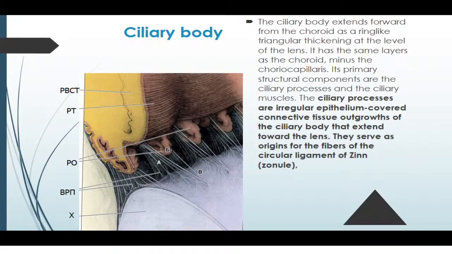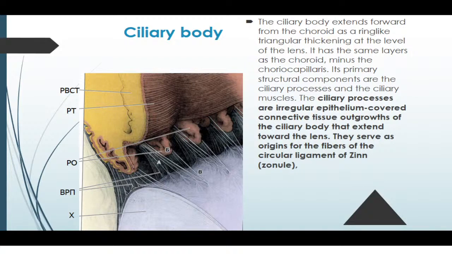Its primary structural components are the ciliary processes and the ciliary muscles. The ciliary processes are irregular epithelium-covered connective tissue outgrowths of the ciliary body that extend toward the lens.